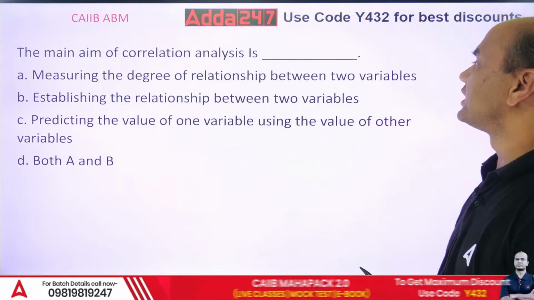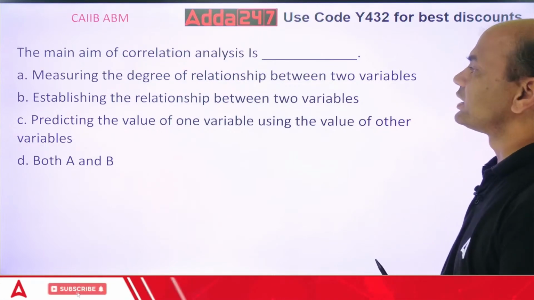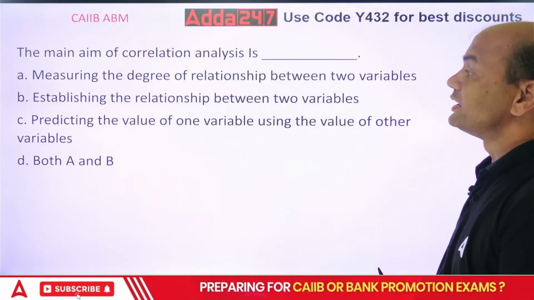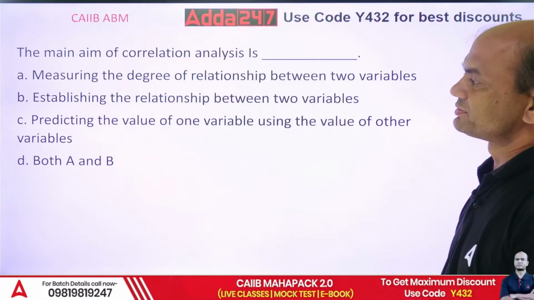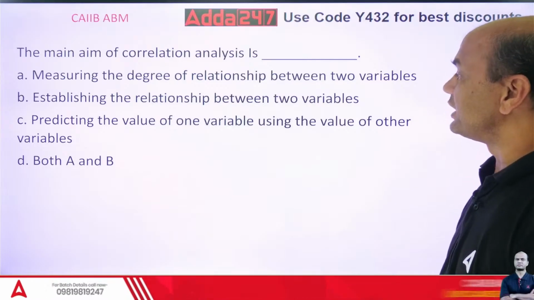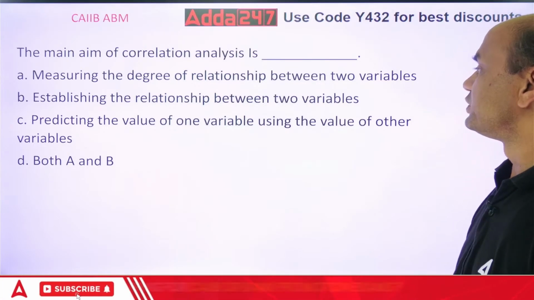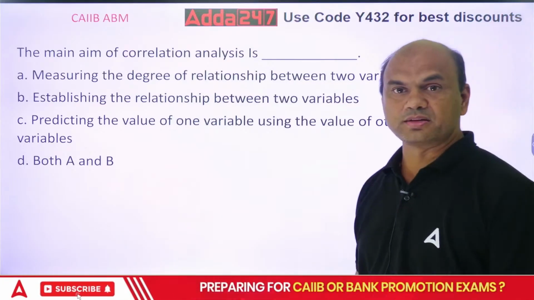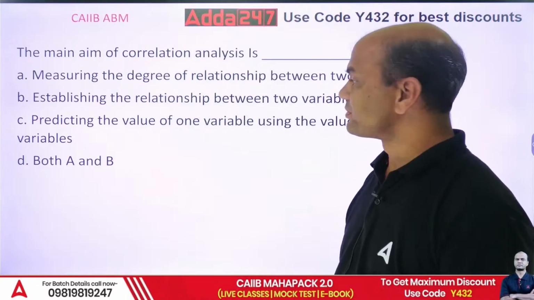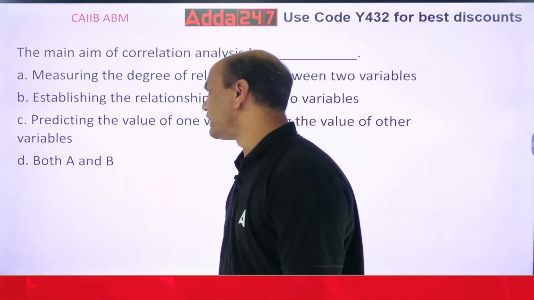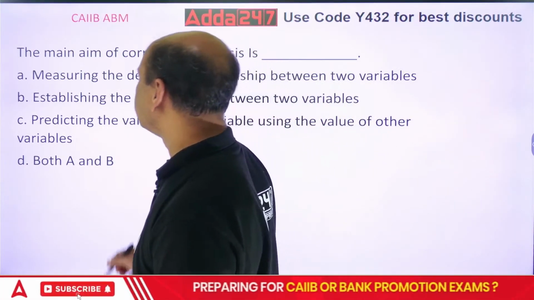Measuring the degree of relationship between the two variables, establishing the relationship between the two variables, and predicting the value of one variable using the other variable. So both A and B, or is it C also?